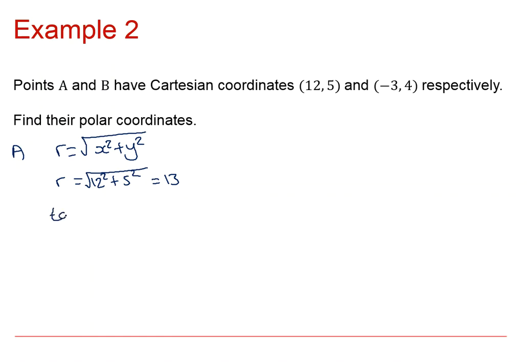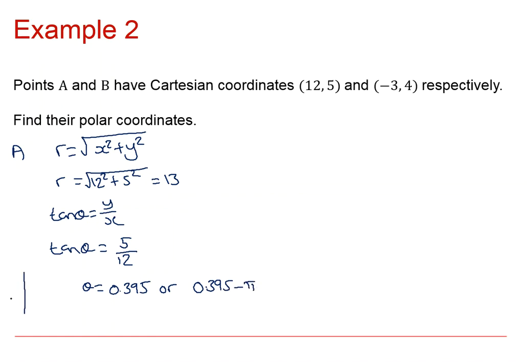And tan theta is y over x. So tan theta is 5 over 12, which gives us theta is 0.395, or it could be 0.395 minus pi.